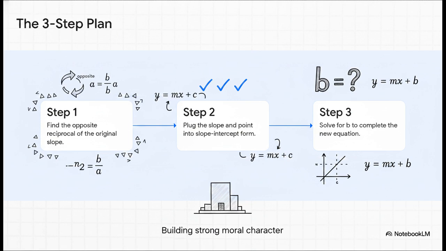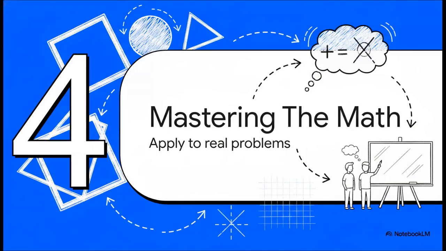Step 2, plug that brand new slope along with your given coordinates right into point slope or slope intercept form. And step 3, simply solve for b to complete your new equation. 1, 2, 3. If you follow these exact steps, you are totally equipped to tackle literally any line on the coordinate grid.